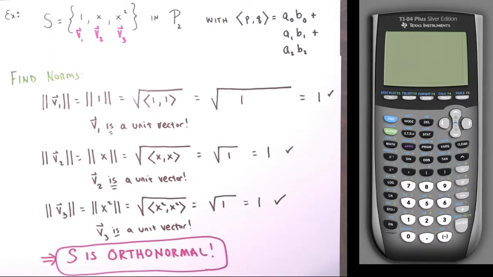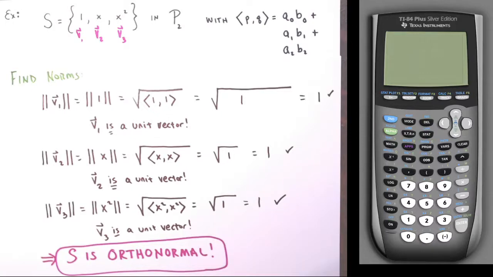And if you have an orthogonal set and one of the vectors has a norm that's not 1, then it's not orthonormal. But if all the vectors in an orthogonal set have a norm of 1, then that set is orthonormal, as we saw in this last example.